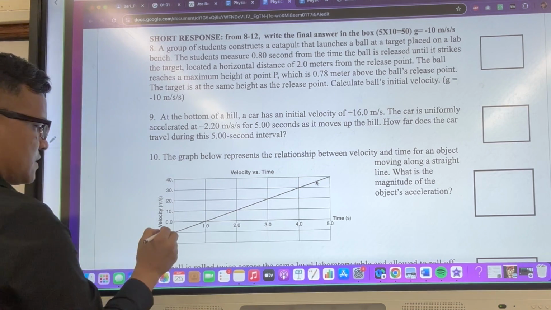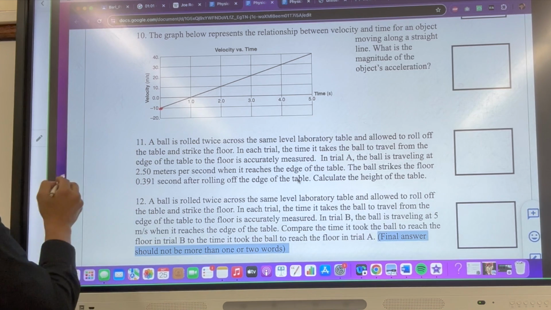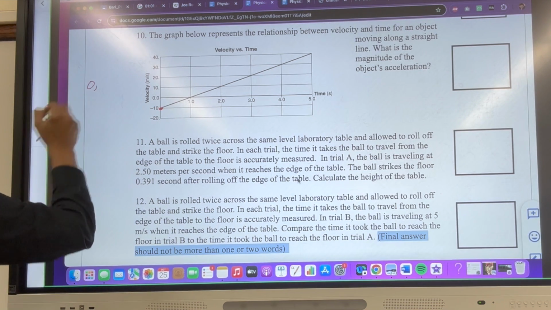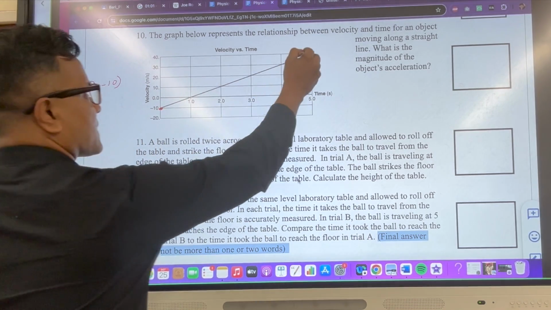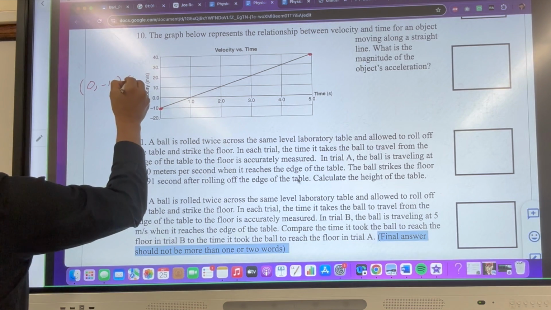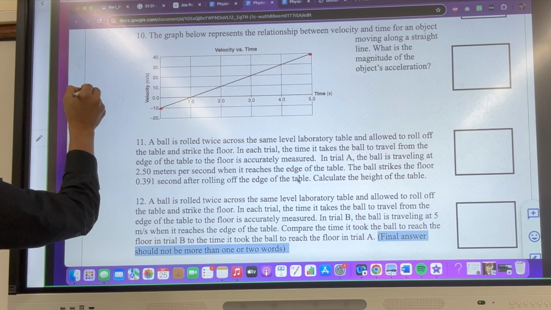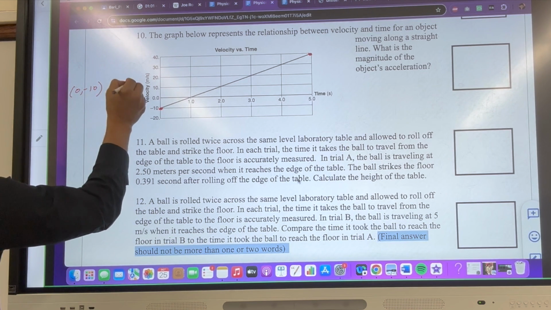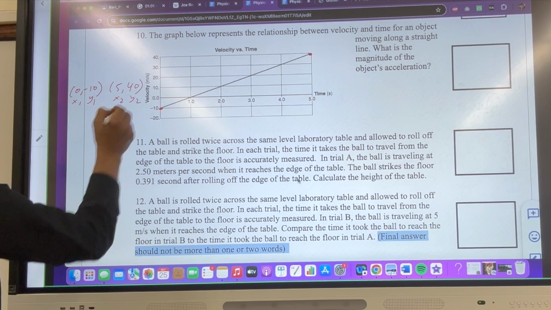This one is the easiest problem in the test, and that is problem number 10. Point number 1 is 0 comma negative 10, and point number 2 is 5 comma 40. So this is x1, y1, x2, y2.